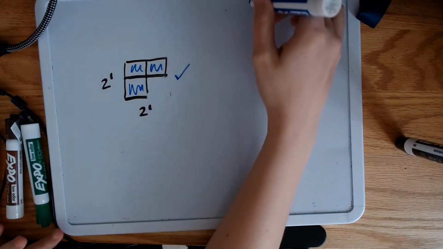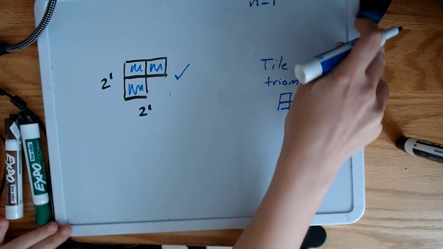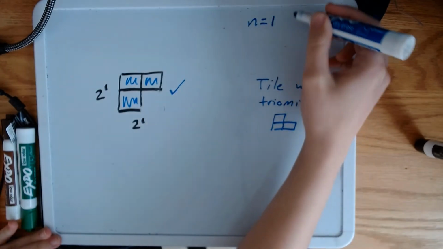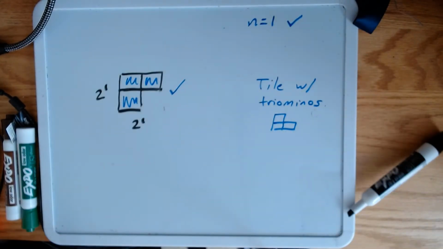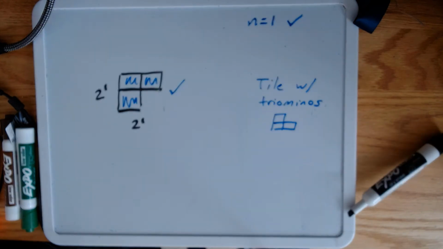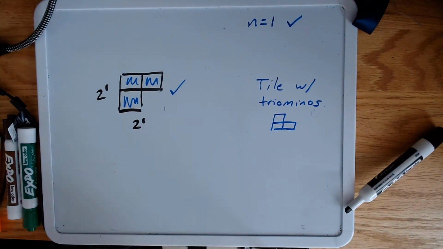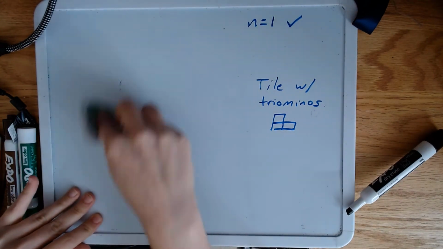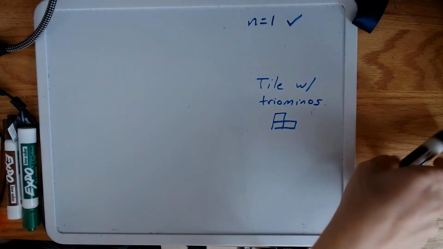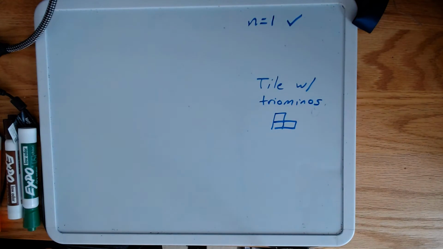Okay, so if n equals 1, then we can do it. It turns out that we can do this for any n, and we use a divide and conquer method. So let's see how. We'll get the idea by looking at the next one up, at n equals 2, but then we would be able to prove that we could extend it. I won't do that full proof here, because it's not the focus of this video.